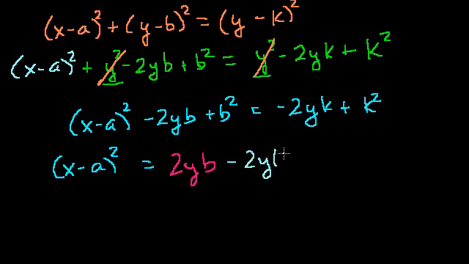And then we're subtracting b squared from both sides, so it's minus b squared plus k squared. I just arbitrarily decided to write whatever I transferred from the left-hand side to the right-hand side in magenta, just so maybe it makes it a little bit clearer.